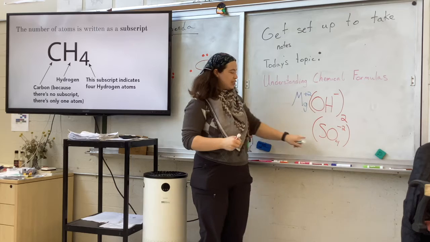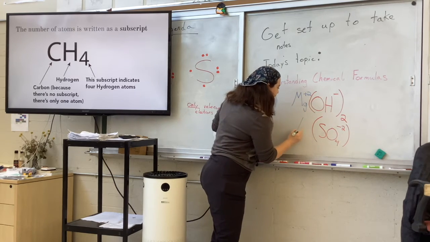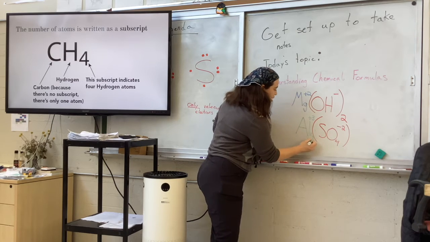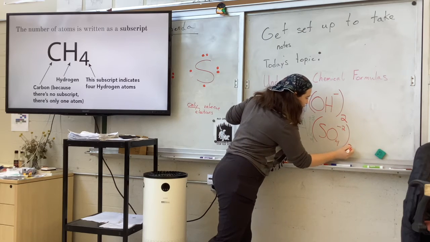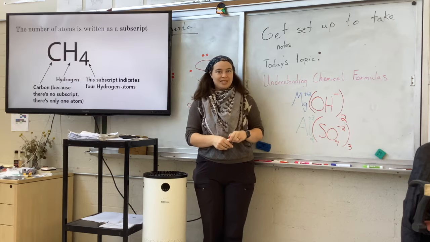I'm going to have this sulfate bond with an aluminum cation. Aluminum has a charge of +3. And so this is the formula for aluminum sulfate.